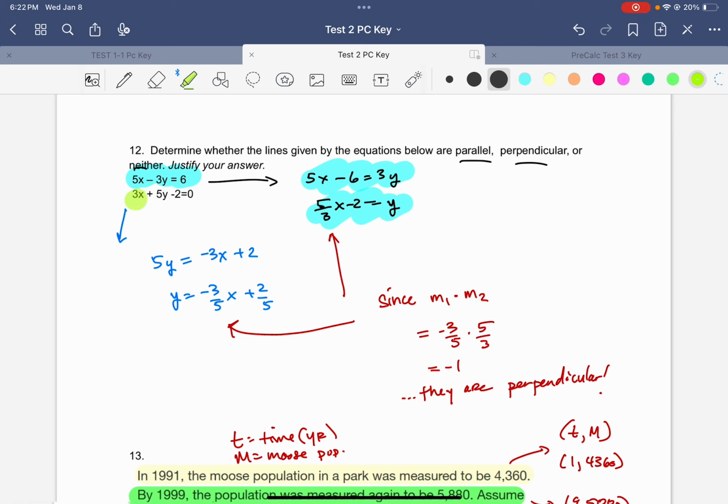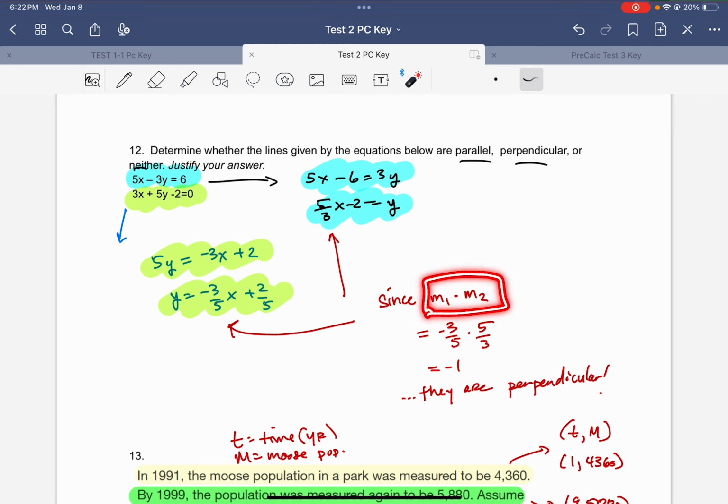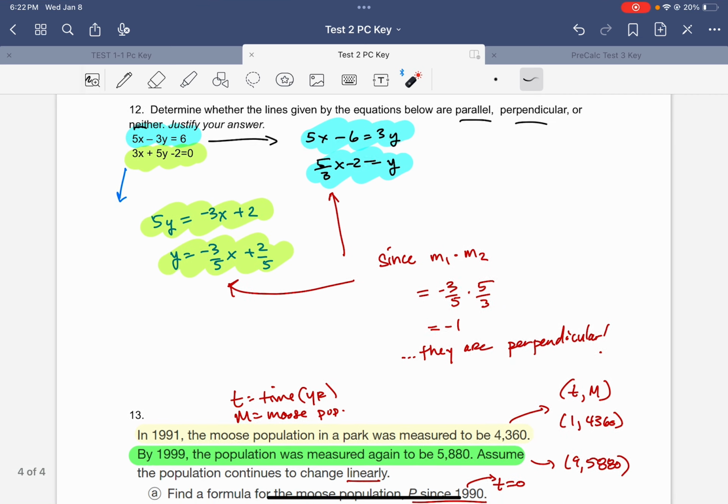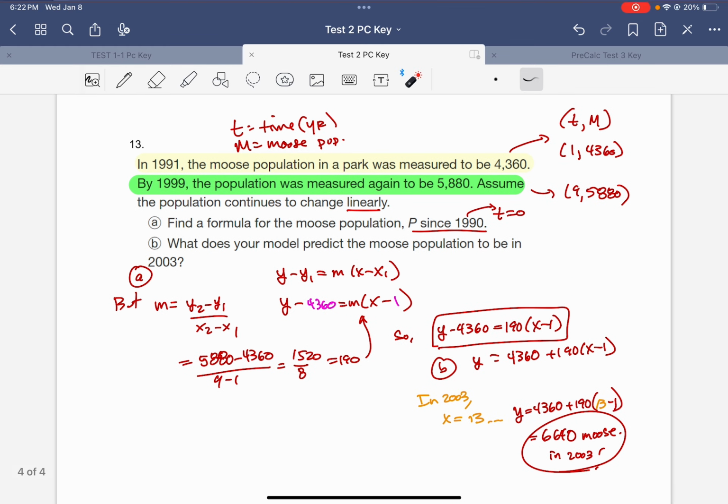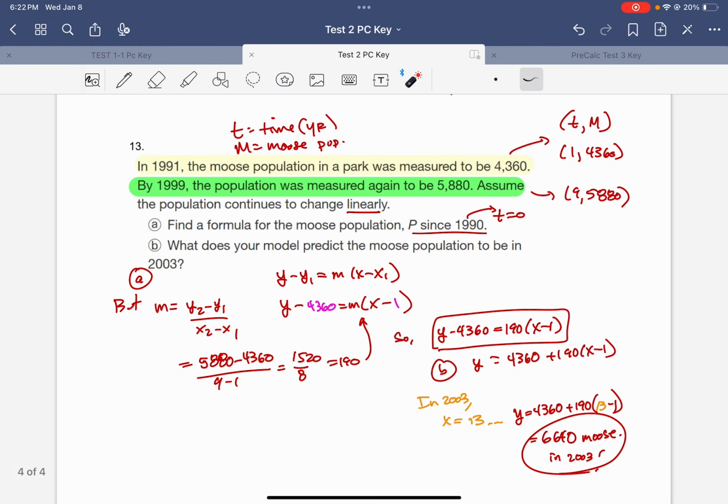Then I take the second equation and solve it for y and I get this. Well, notice that in the first equation, the slope is 5/3. In the second equation, the slope is -3/5. So since the product of the slopes is -1, that means they are perpendicular. That's one definition of what it means to be perpendicular, is that the product of their slopes is -1. You could have also said that they are negative reciprocals.